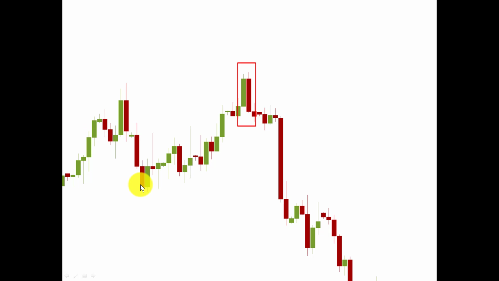Maybe you are already long from here and you want to close your position after the bearish engulfing, or you enter a fresh short here. That also depends upon the situation. Now if entering a new short position, a stop loss can be placed above the high of the 2-bar pattern. You see, this pattern consists of 2 bars, so whatever is the high of this, that will be your stop loss.